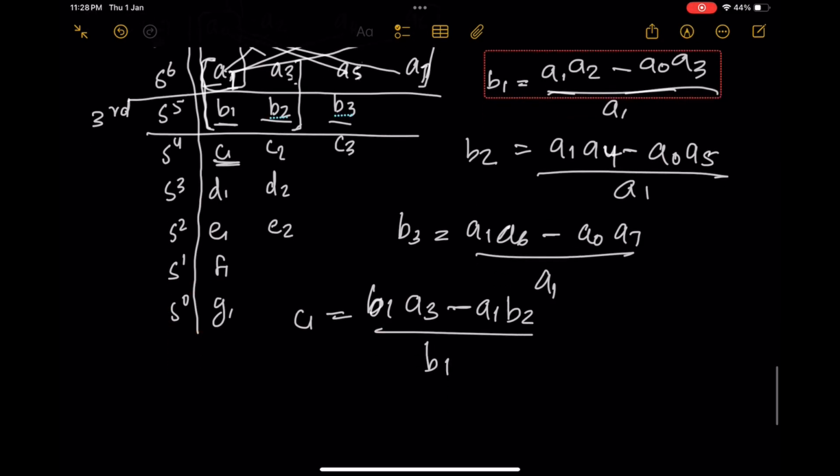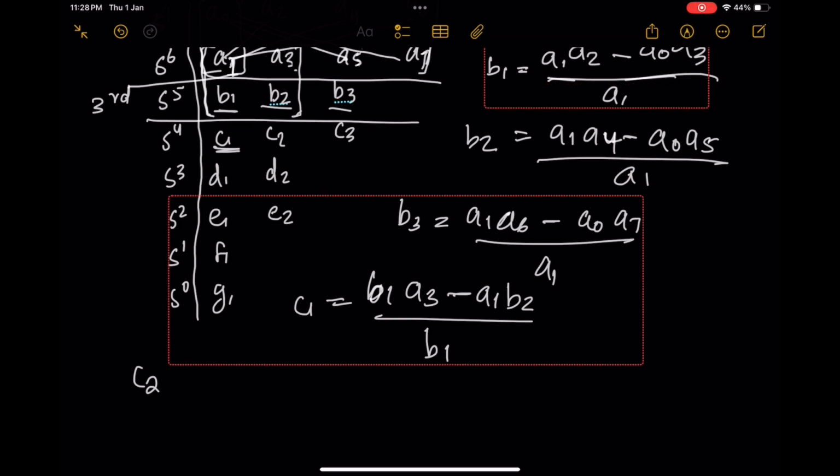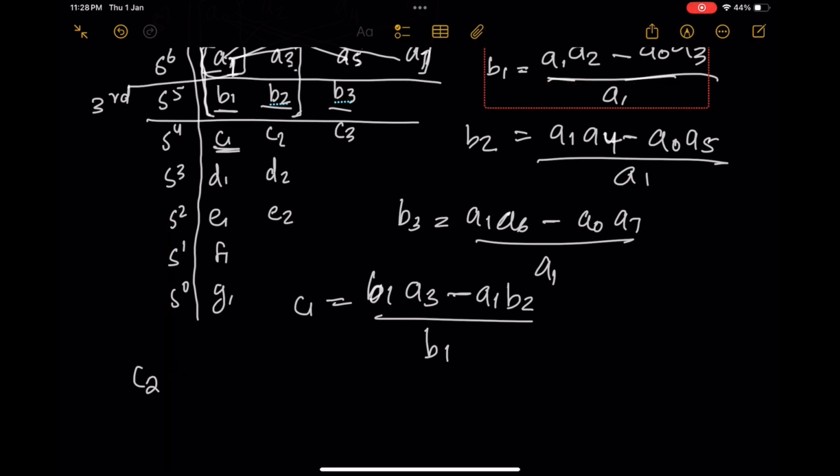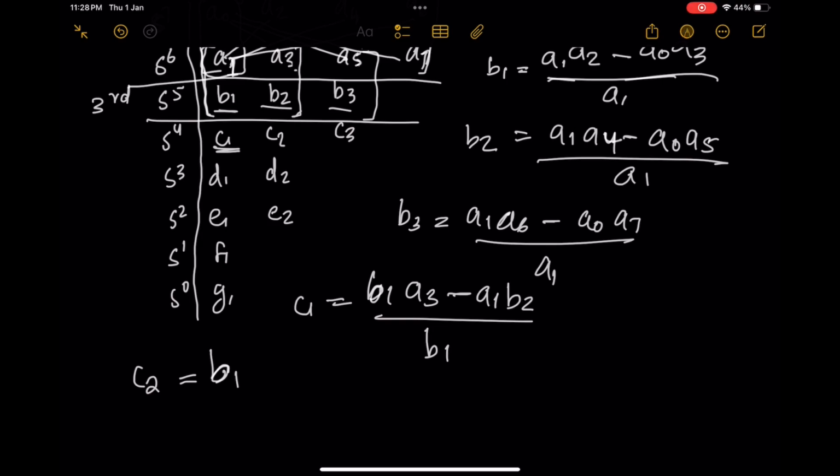Similarly, we will go with C2. In order to do C2, we will be considering the next column, that will be B1 A5 minus A1 B3 divided by B1. Similarly, we can also find C3, and with that we will get the fourth row.